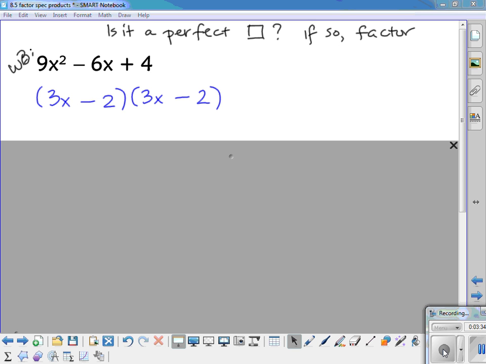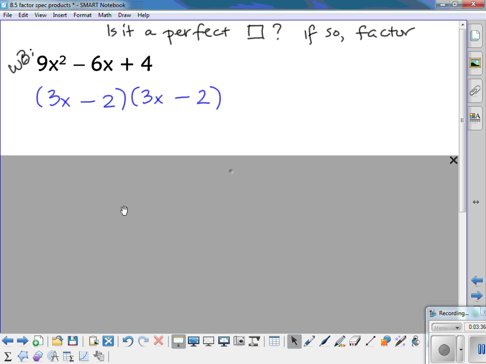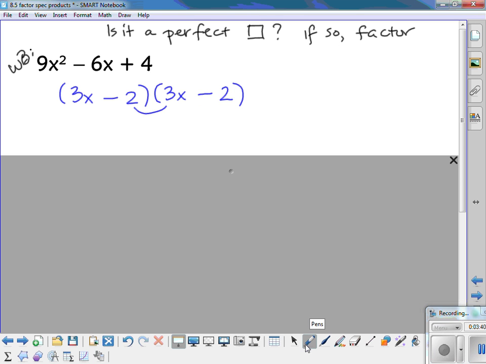Okay, so we see if it's 3x minus 2 times 3x minus 2. If you check the inside and the outside, we get negative 6x, negative 6x. Is that going to add up to negative 6x? No, it adds up to negative 12x. So no, that one is not.